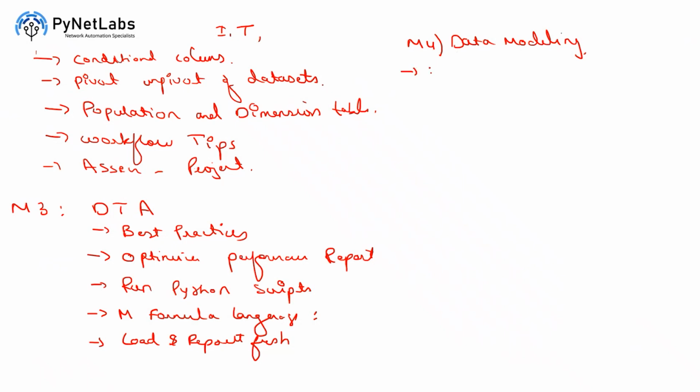So we'll study why we have to do data modeling for our data set. We'll also create and analyze some relationships. There are many relationships: one-to-one, one-to-many, and many-to-many. What these relationships mean and all other things we'll be studying in module number four.